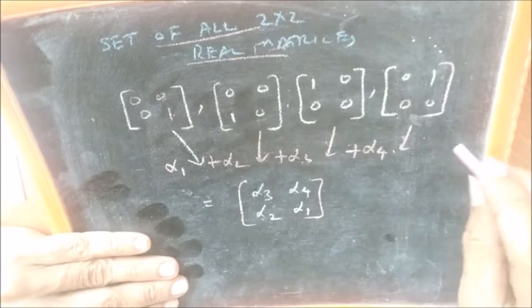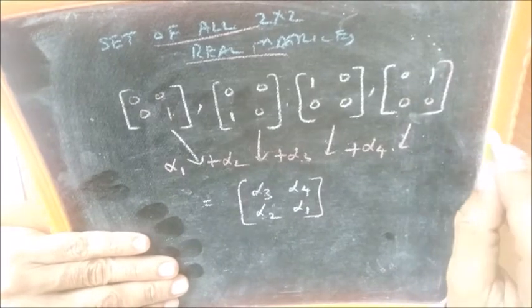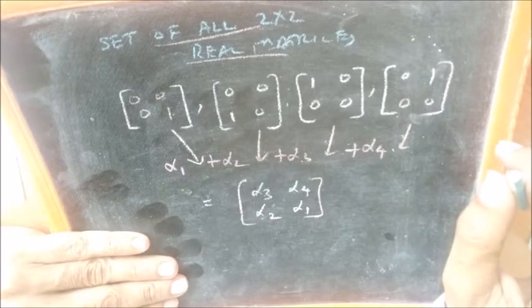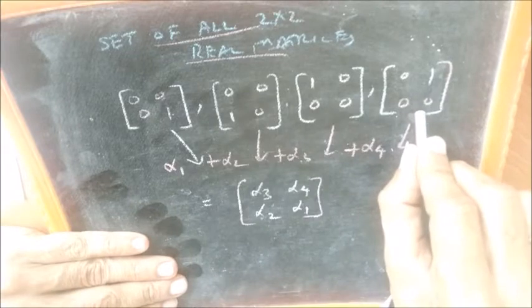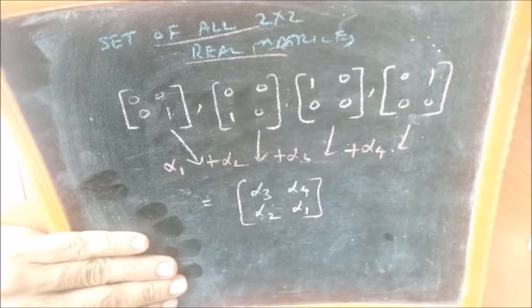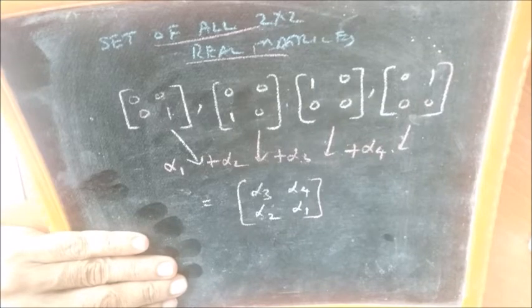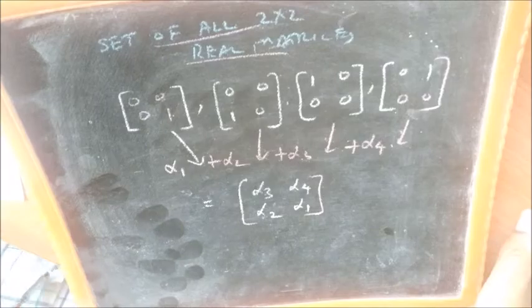And for different values of alpha 1, alpha 2, alpha 3, alpha 4, we can realize the 2 by 2 matrix of our choice. So it is showing that by linearly combining these 4 matrices, it is possible to realize any 2 by 2 matrix. So that's the next example that we want to discuss.